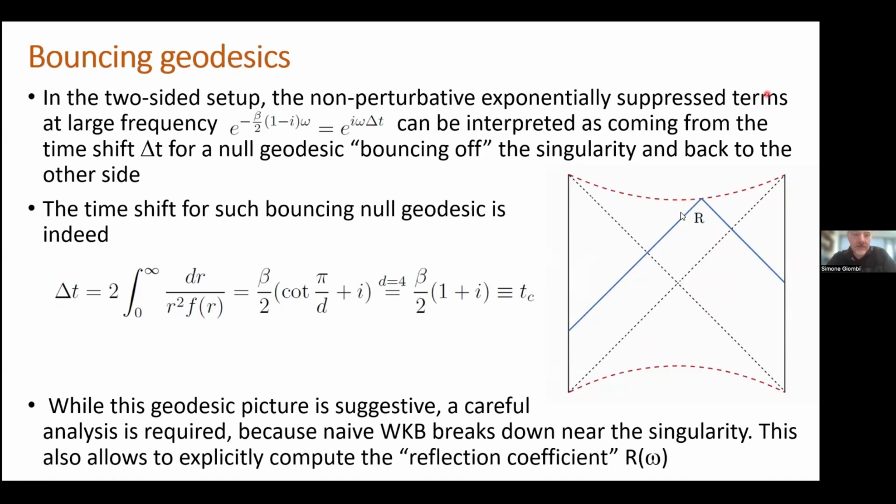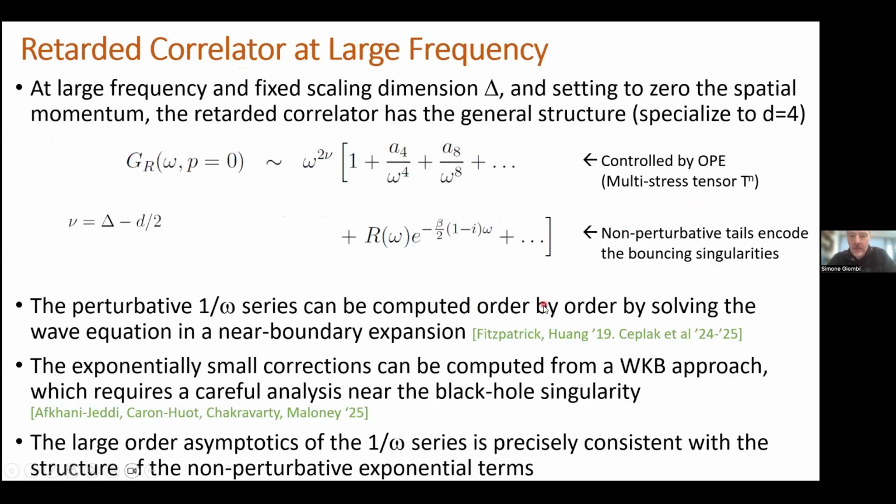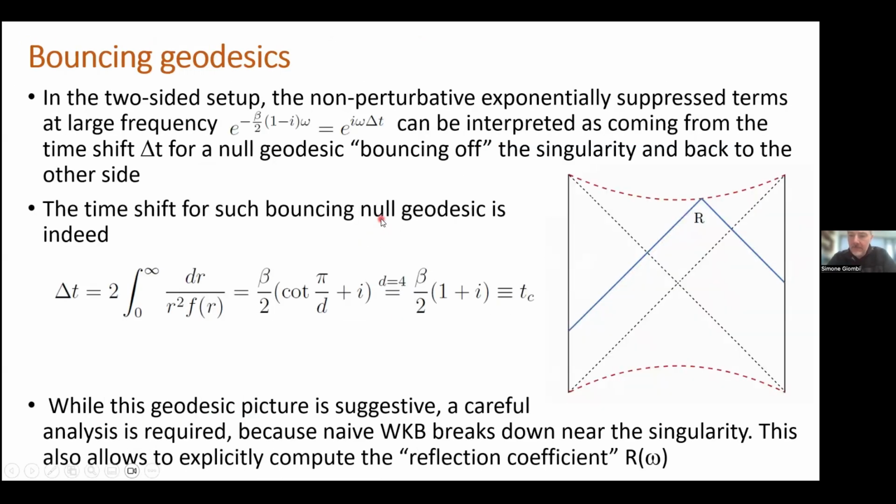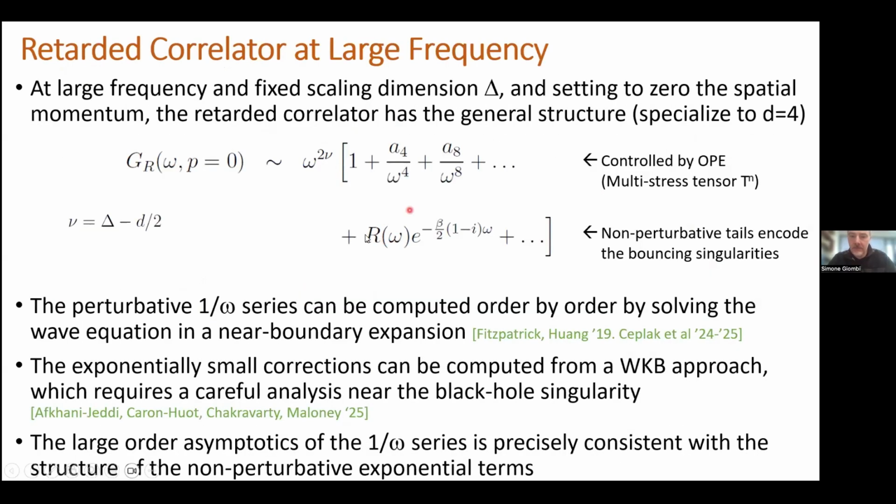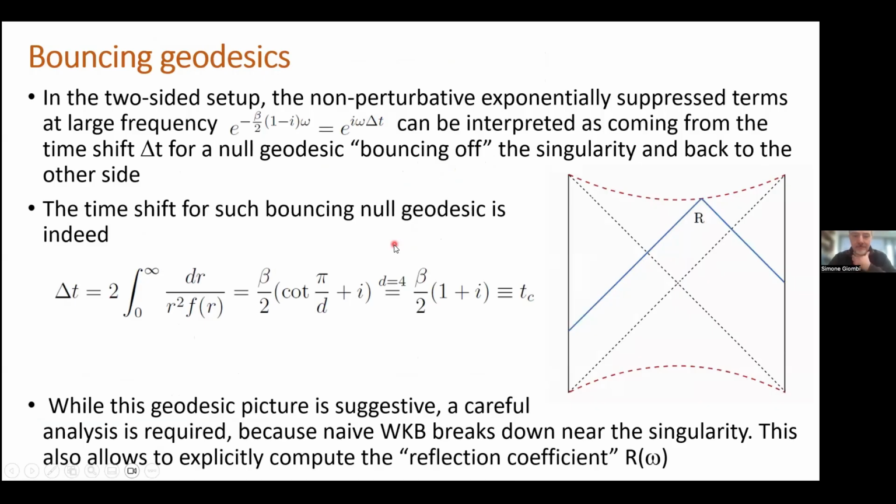And in particular, just computing this time shift doesn't tell us anything about this coefficient R, which we may call a reflection coefficient, which is what multiplies this exponential. So a more careful calculation, which I'll do not in the context of the two-sided correlator but in the context of the retarded correlator, will allow us to extract this reflection coefficient.